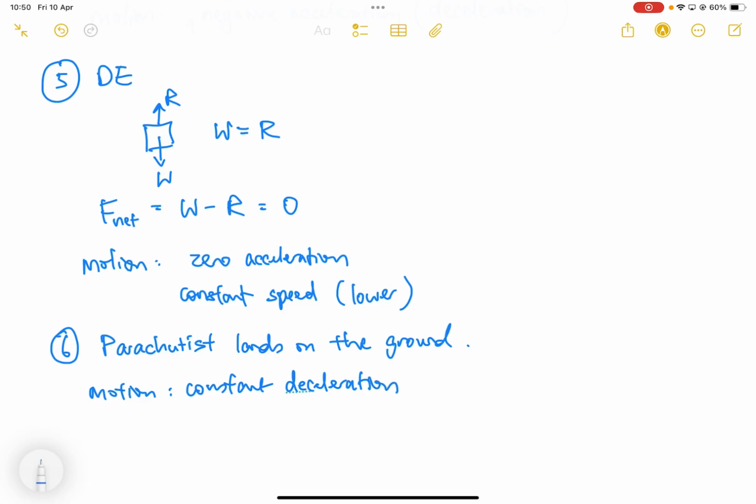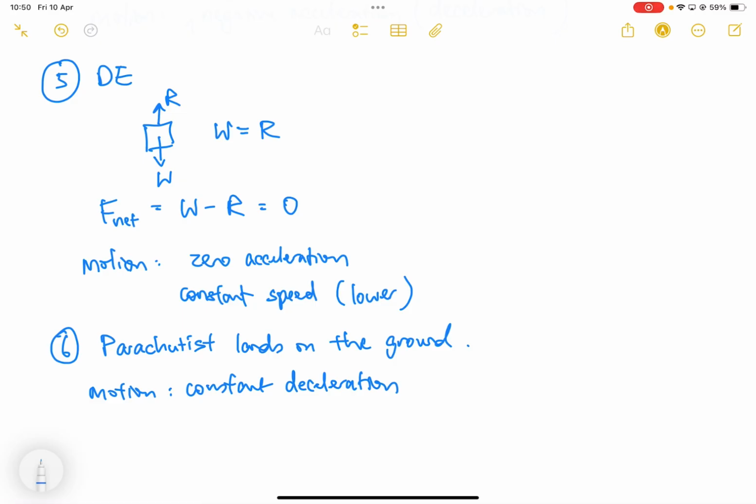Okay, it's a very high deceleration because he stops in a very short time, less than 1 second, right? Within 1 second, he stops. So the line is very steep. It's a very steep line, so the deceleration is very high. Okay, so which is why it's very important for them to land correctly.